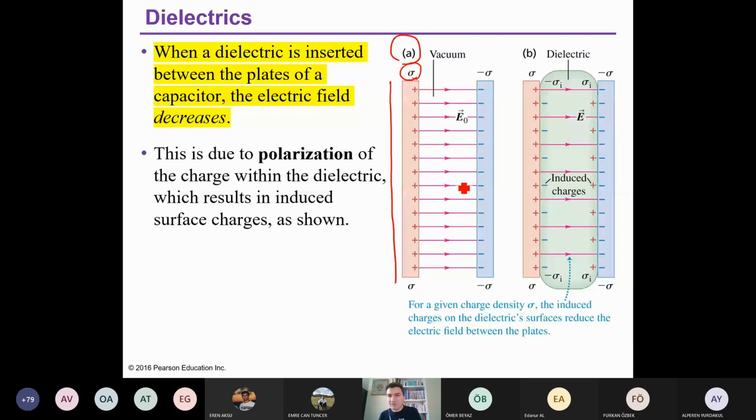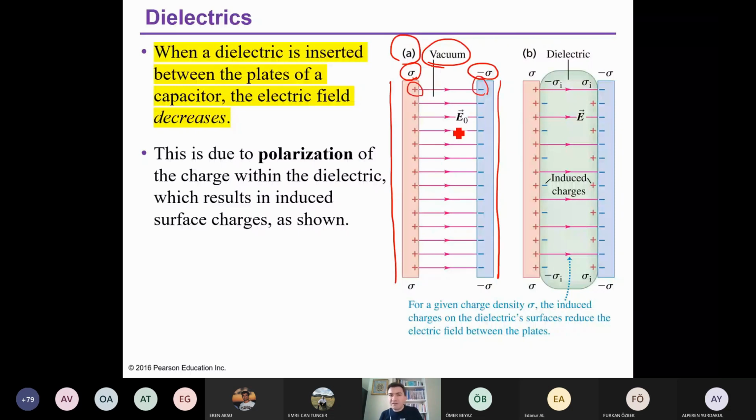Here on the right side, we have a negative plate. It has surface charge density of negative sigma. Then we have vacuum between the metal plates, and we have electric field lines from the positive side to the negative side. This electric field is given by E0.